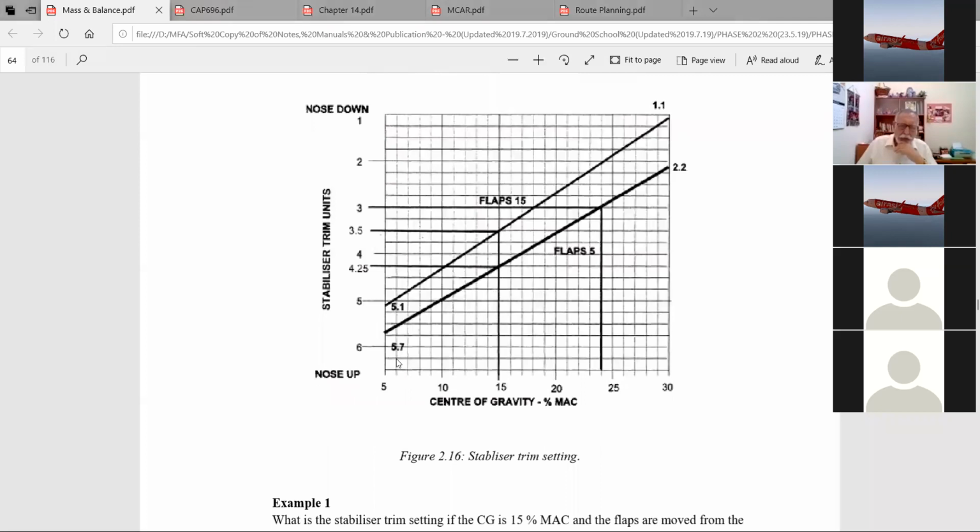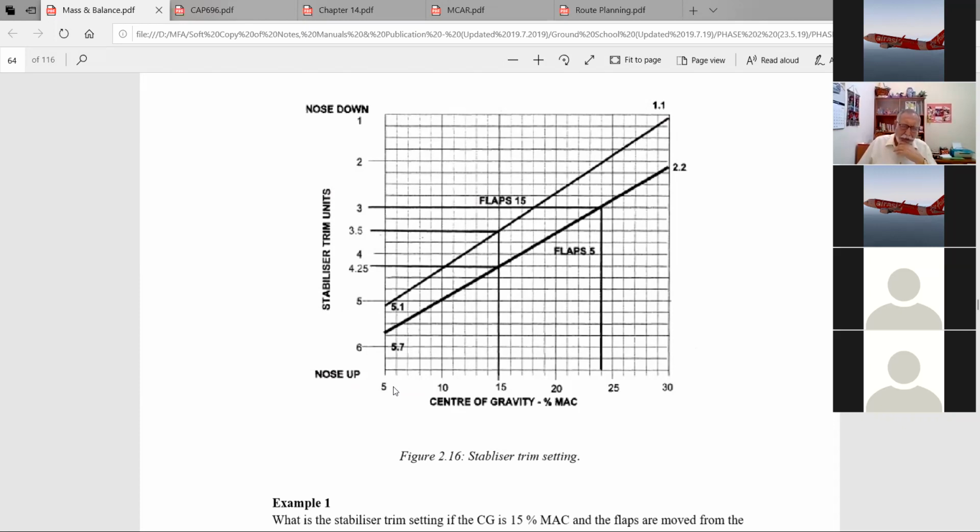Sorry, I'm pushing the stabilizer down this way, not forward. You're bringing it nose up. The stabilizer trim is changing. I was confused, now it is correct. You're moving it down. So it is moving from 4.25 to 3.5, though it is going nose up.